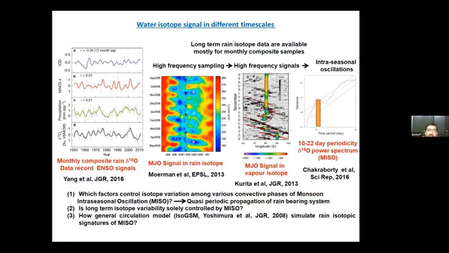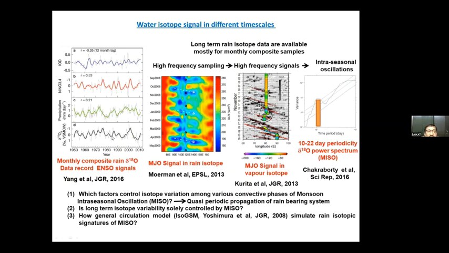Now, as I told you, water isotopes are collected at different frequencies. Depending upon the frequency of sampling, the data set can preserve the signature of different events. If you have 30-40 years of data, mostly what the International Atomic Energy Agency has, or 40 or 50 years of data, it may capture the signal of ENSO or El Nino.